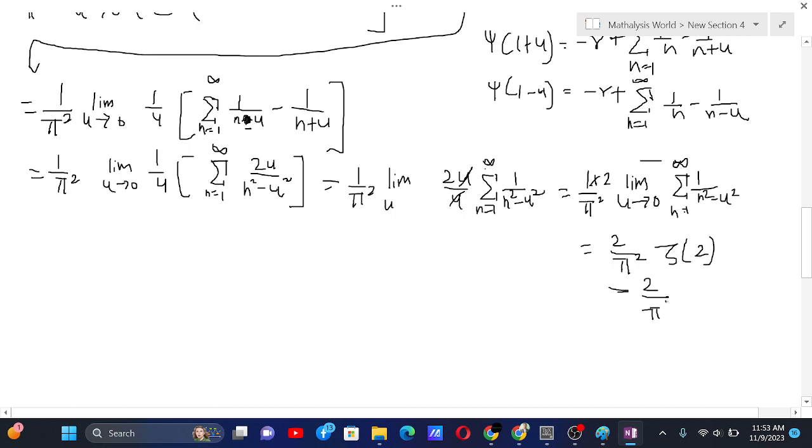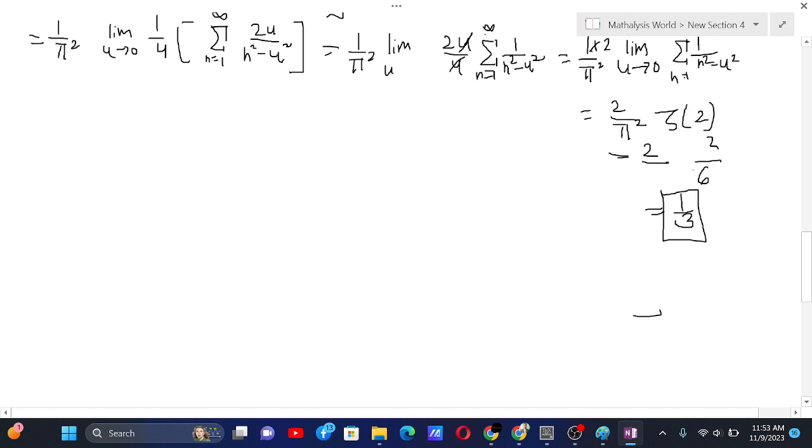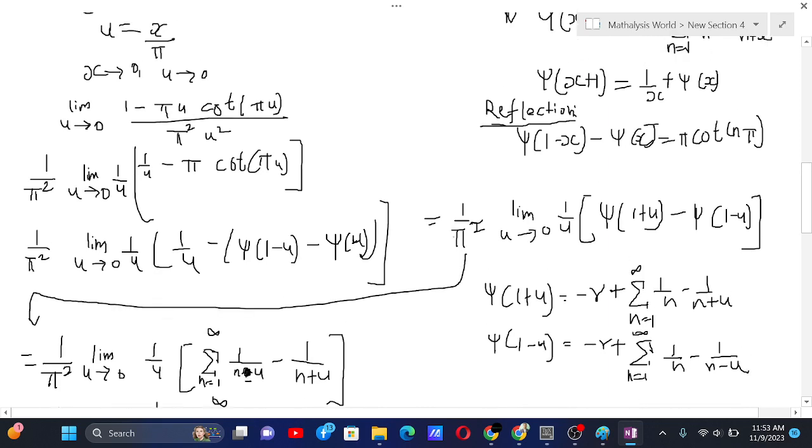So 2 by pi square times pi square by 6. So this is 1 by 3, as we got earlier from L'Hopital's rule. So we got 1 by 3 again from the digamma function as well.